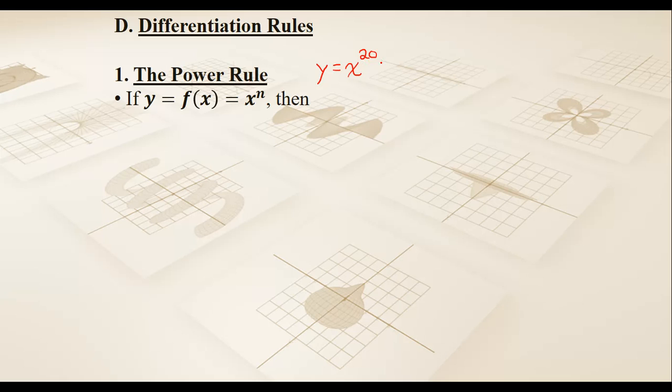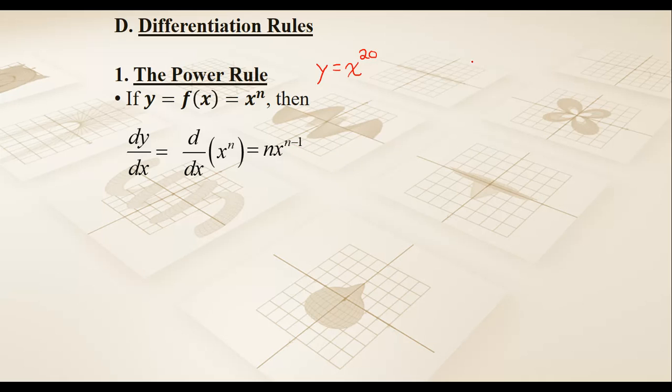Now, if I want to calculate the derivative of this function, so dy dx, which means let's figure out the derivative of the function y with respect to x, which is going to tell me the slope of a tangent line, then the derivative of x to the power of n with respect to the variable x can be calculated as follows. This would be n, and then x to the power of n minus 1.